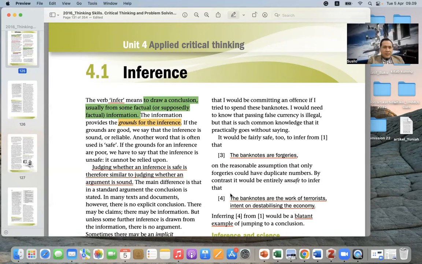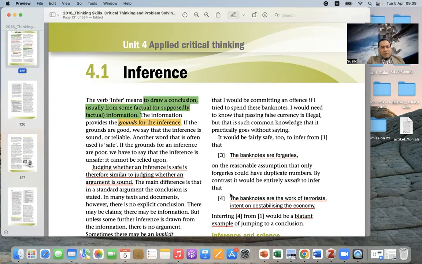As stated in the book, I think to infer means drawing a conclusion, usually from factual or supposedly factual information. So when you want to infer something, it means that you draw a conclusion. You go a little bit beyond the text, beyond the explicit things, something like that.